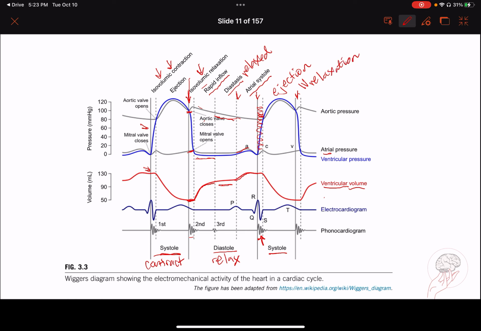Okay. So that's how we go between systole and diastole back to systole. And remember that it's systolic over diastolic. And if you look up here, the highest during systole is 120.